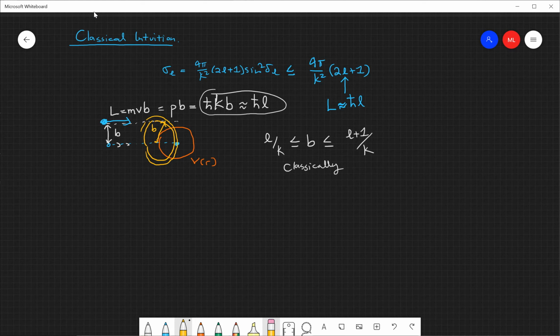So for a range of impact parameters here between some minimum and some maximum, say B min and B max, the amount of area that the target particle sees classically.